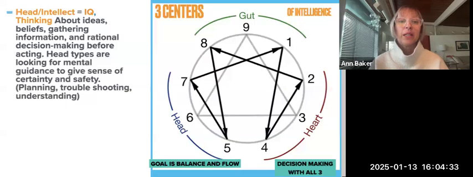And it's about our ideas, our belief systems. We use our head center to gather information, make logical conclusions, rational decision making, that kind of thing. So, I'd say that head center is dominant in those types, but it can also be dominant in all the types.